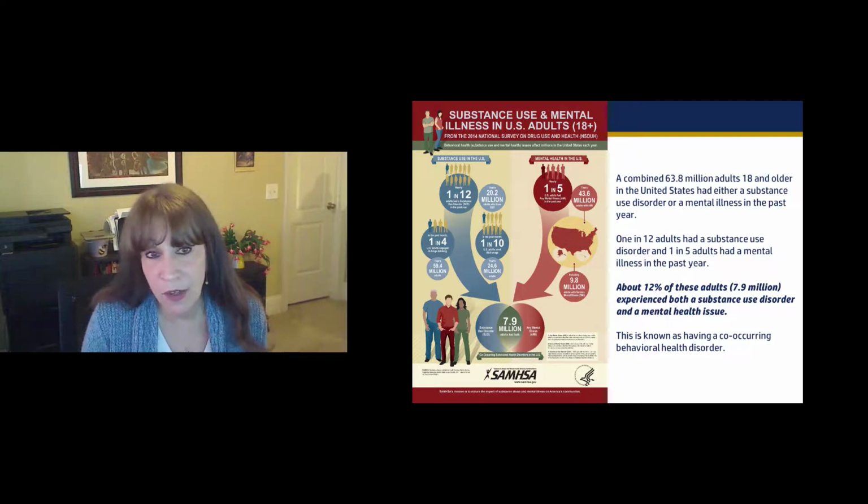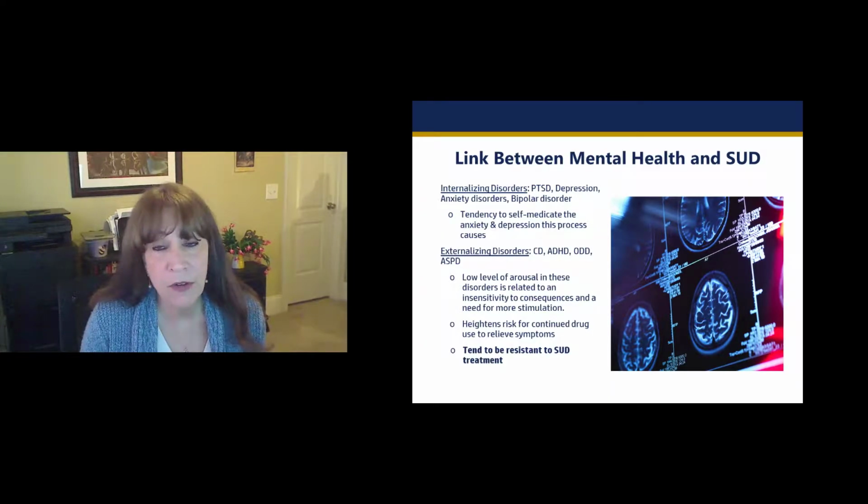It's gotten much worse, and with the pandemic, it has really accelerated. 1 in 12 adults has had a substance use disorder, and 1 in 5 adults has had a mental illness in the past year. And about 12% of these adults, which is 7.9 million, experience both. This is known as having a co-occurring or comorbid behavioral health disorder. So it is very, very serious.